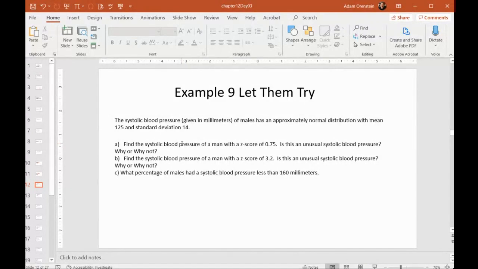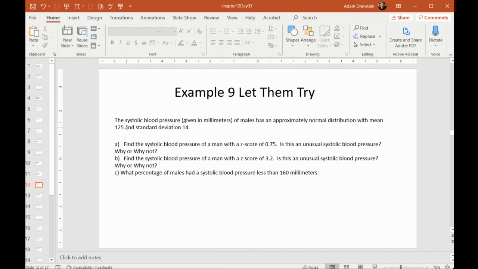We're told that the blood pressure, I think it's systolic, for males has an approximately normal distribution where the mean is 125 and the standard deviation is 14.